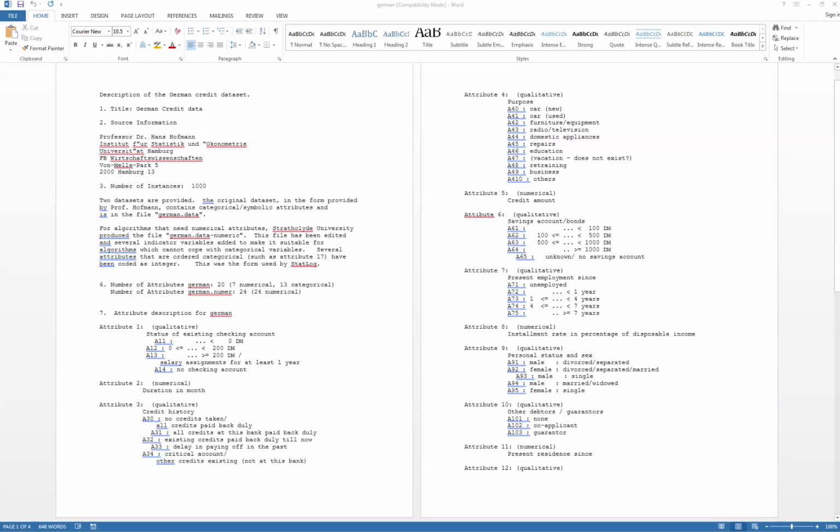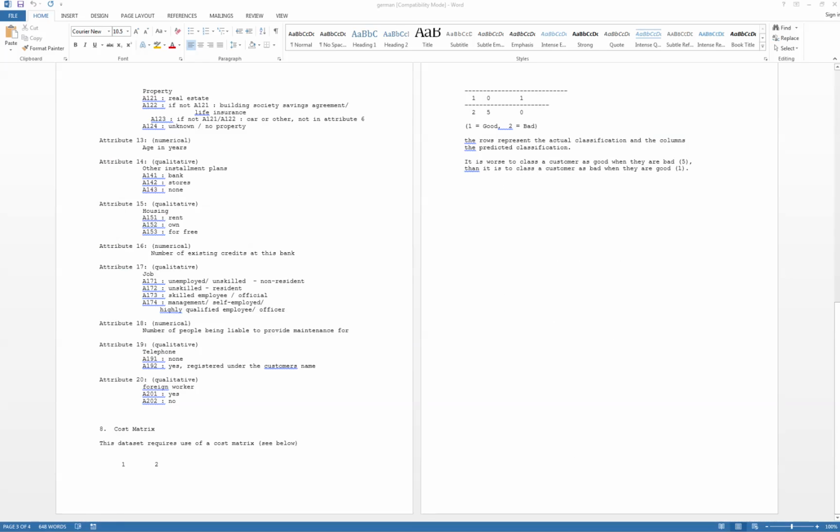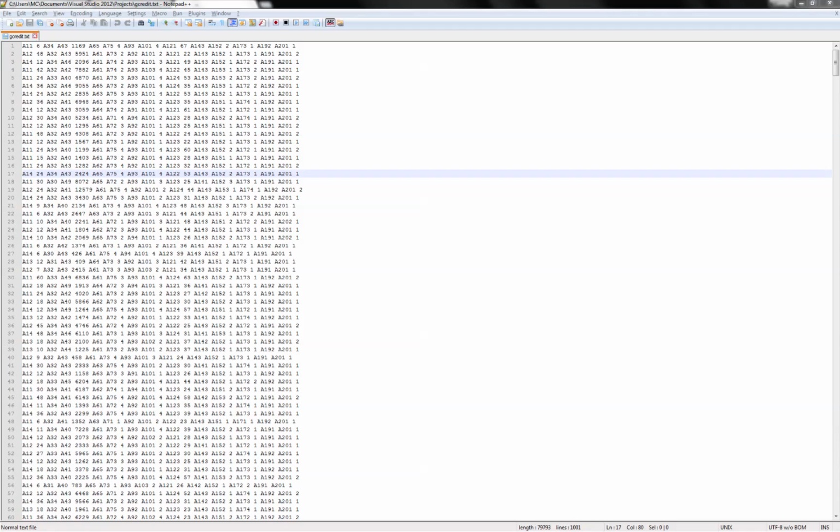For simplicity, only several attributes are selected, which are attribute 1, status of existing checking account, attribute 3, credit history, attribute 7, present employment since, attribute 17, job, and attribute 20, foreign worker. And this is the data set with 20 attributes as well as a class label.